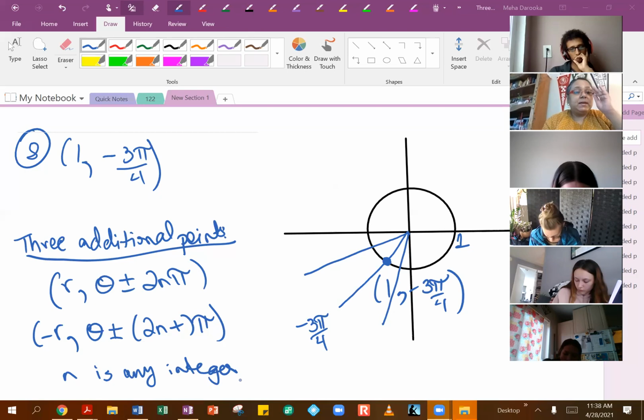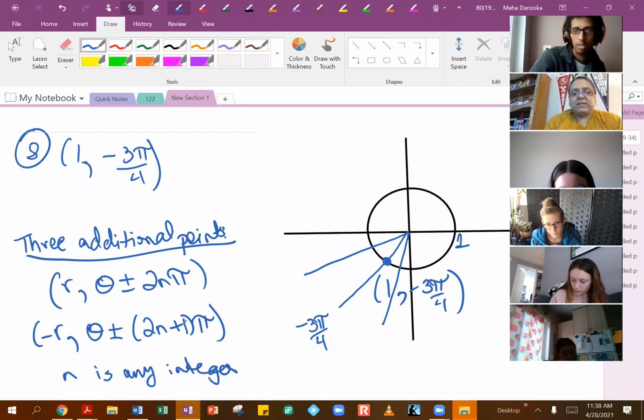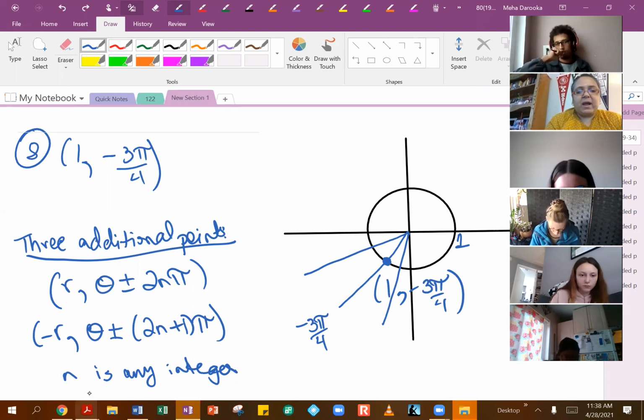Okay, let's see, Abdul Aziz, you've got -1 and pi over 4. So what did you use as your n value in that case, Abdul Aziz? 0. So basically you did theta plus pi is where you ended up. And use your unit circle again to help you out.